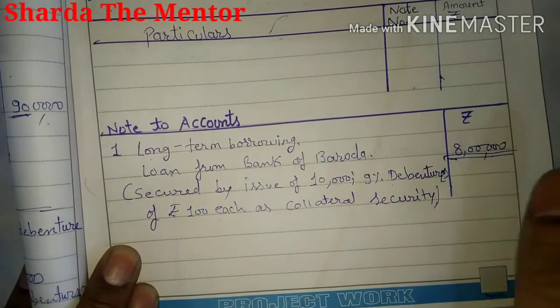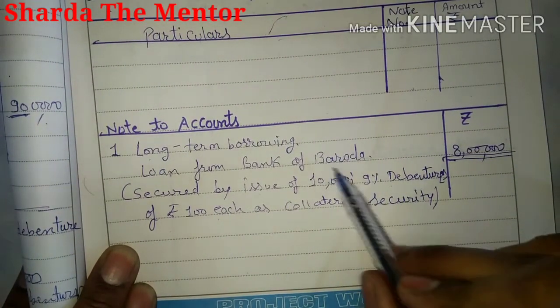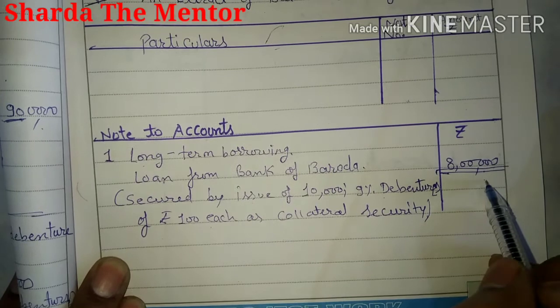So here we are not passing the general entry, we are just showing that loan, that amount that you have taken, of 8 lakh rupees.